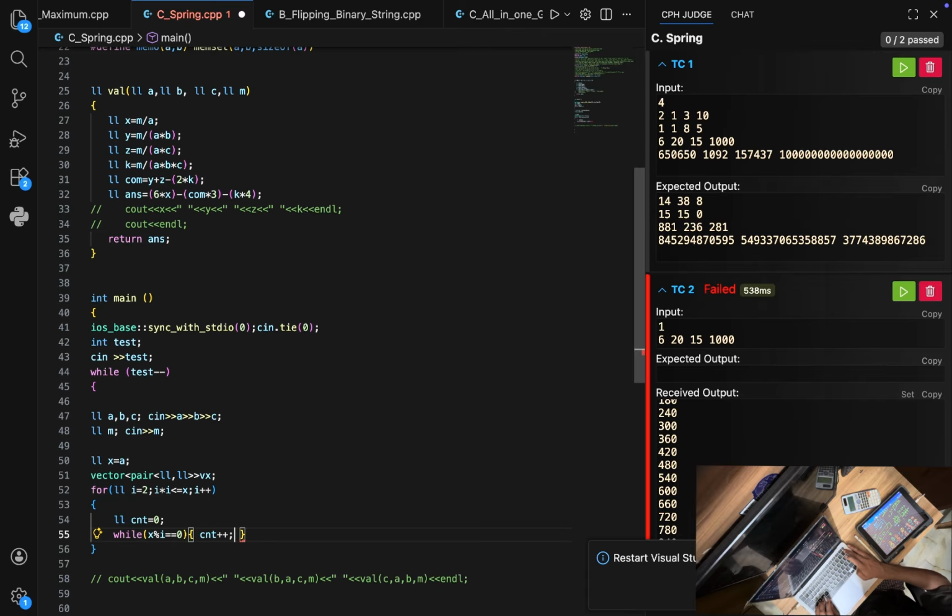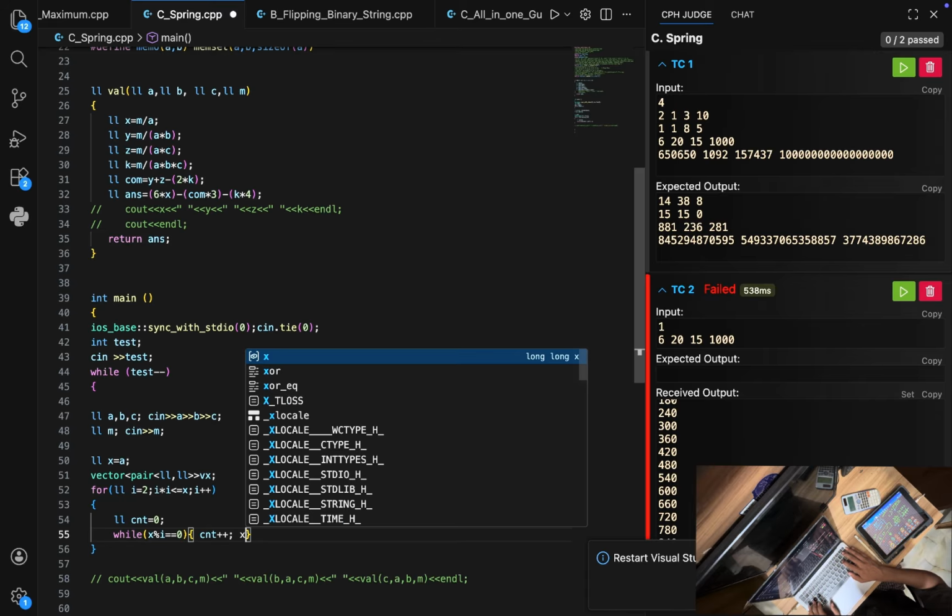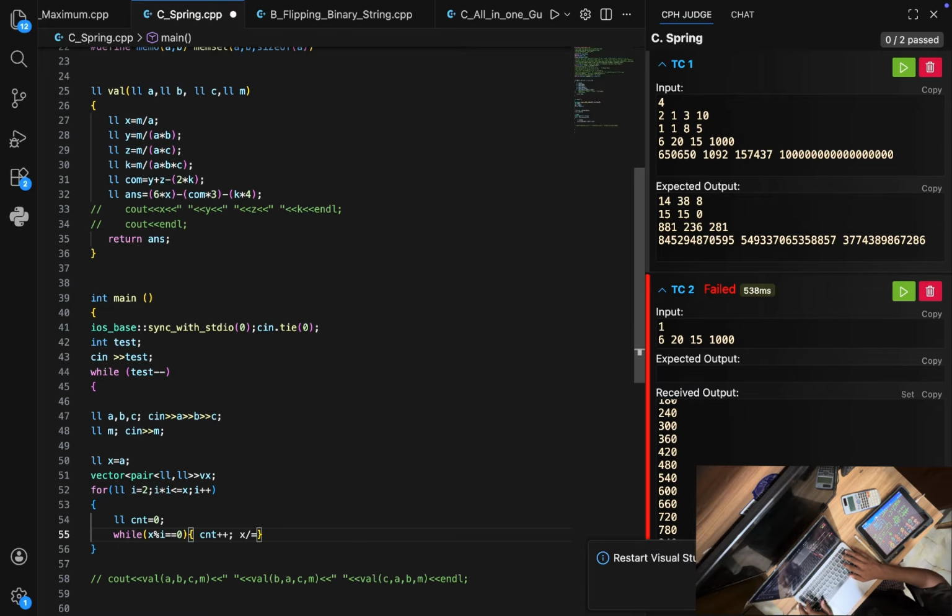Count plus plus, then count plus plus, then x divide equal to i.